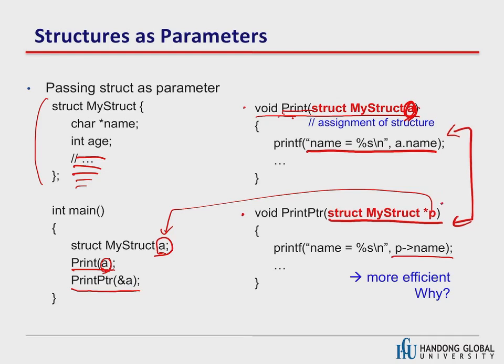But in this case, we don't copy anything. Instead, P just points to A. So P can have access to A's data fields. In the first case, in this function, we have to allocate the memory space for A first, and then we have to copy all of them from this A to this A. So it takes a lot of time.